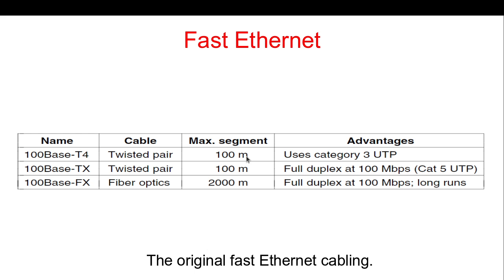The maximum segment length could be 100 meters. The next version, called 100 base TX, is also a twisted pair technology with the same maximum segment length of 100 meters, but it is full duplex at 100 Mbps. The previous technology did not support 100 Mbps at the 100 meters. So the speed is increased here with the help of category 5 unshielded twisted pair.